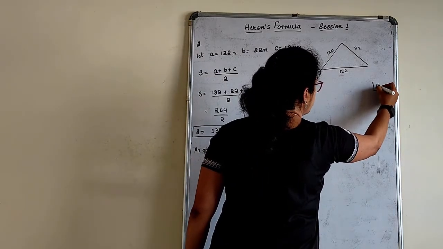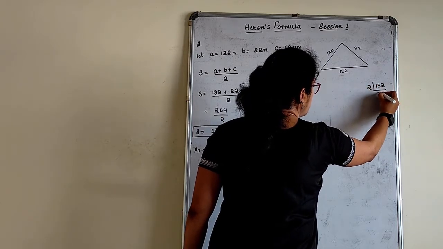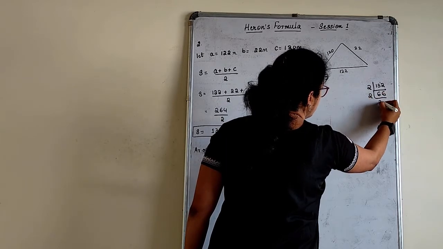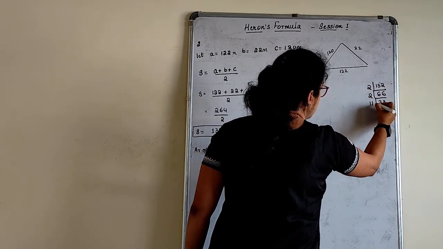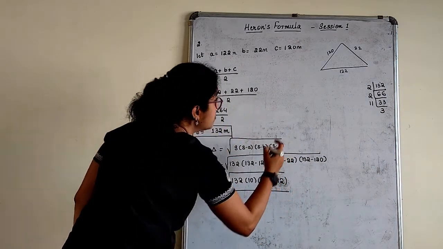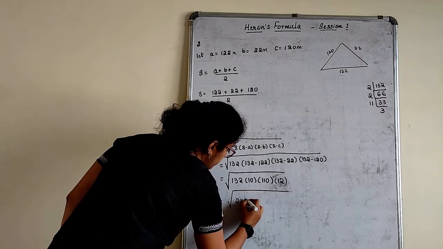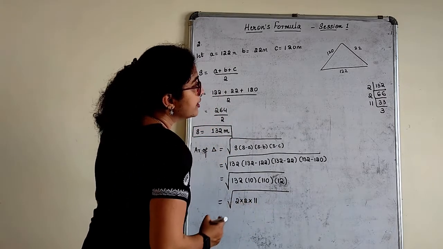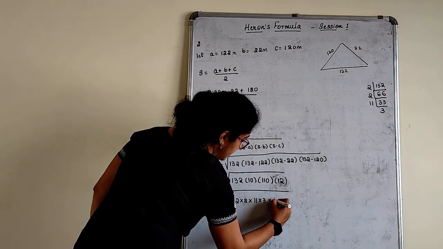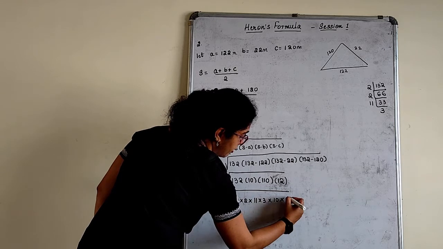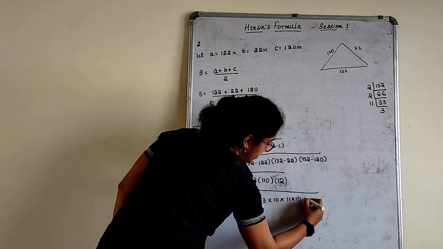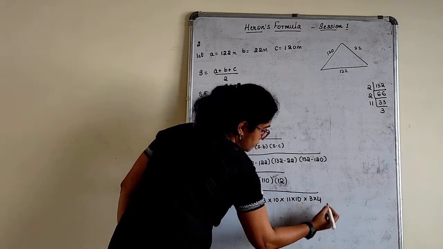Factorize 132 first. 2 sixes are 12, 11 threes are 33, so write 132 as 2 into 2 into 11 into 3. This 10 I'll keep as it is. 110 can be written as 11 into 10. 12 can be written as 3 into 4.